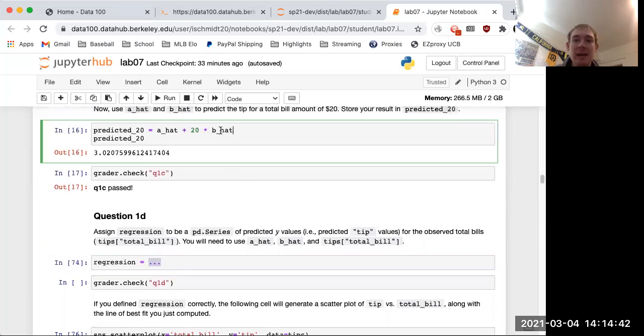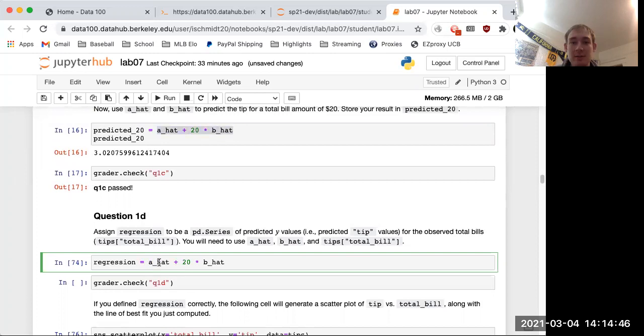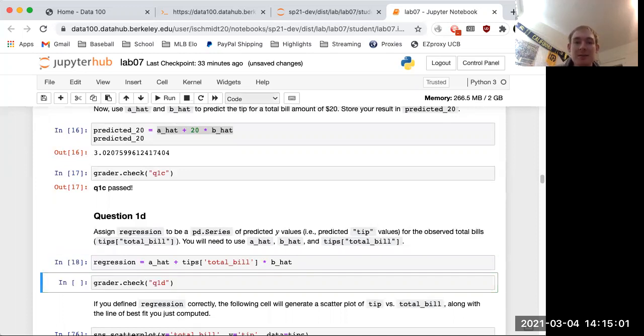Supposedly you could write a for loop, but hopefully we burned into your brain that you should use vectorized code instead. What I'll do is replace the 20 with tips total bill, because tips total bill is basically our x, and we can leverage vectorized code to calculate the predictions for all of our rows in x.